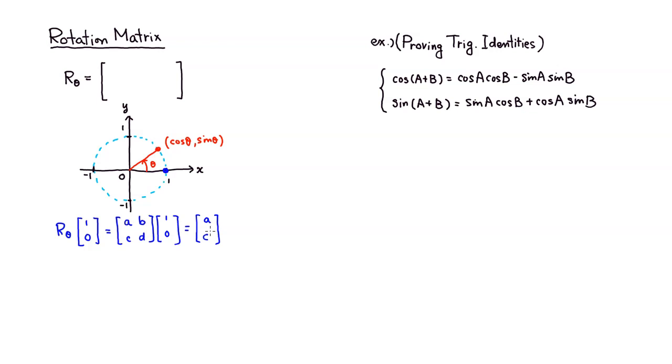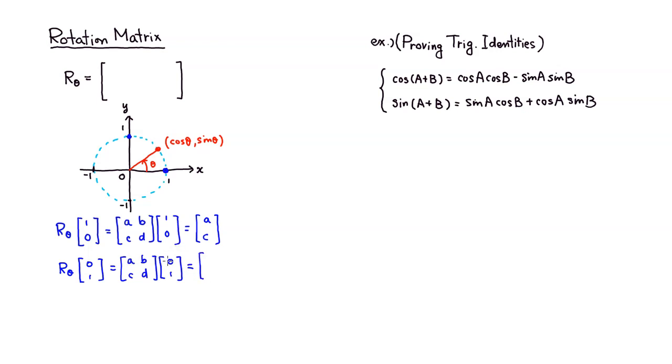I'm going to do the same thing to (0, 1), which is up here. So I'm going to multiply R theta by (0, 1). I'm just going to write it, A, B, C, D, and apply that to (0, 1).